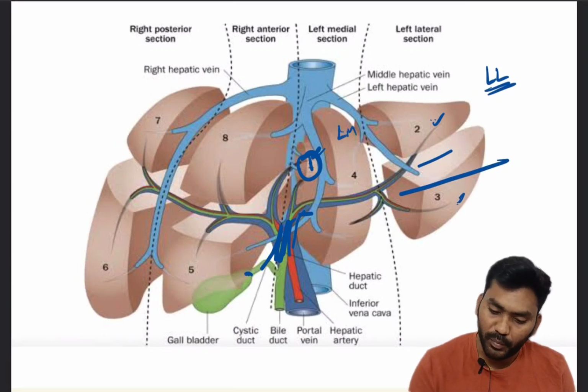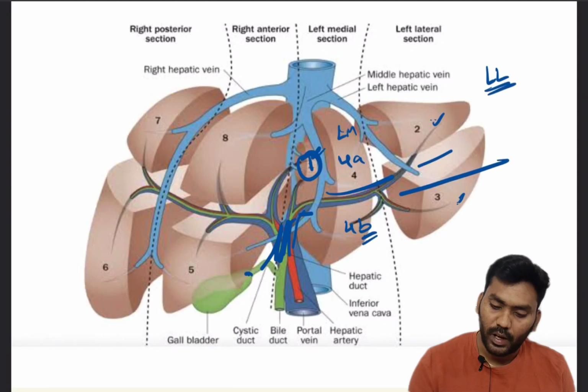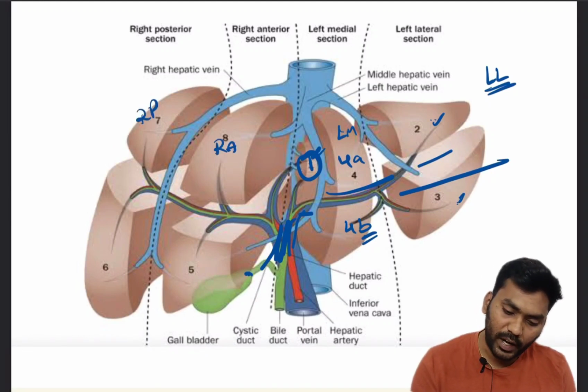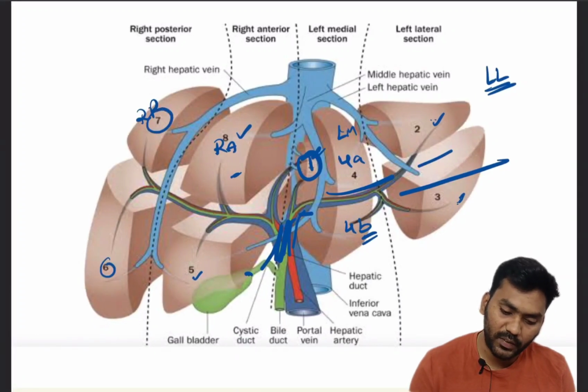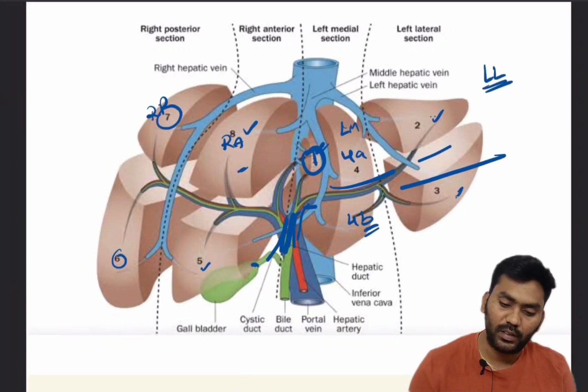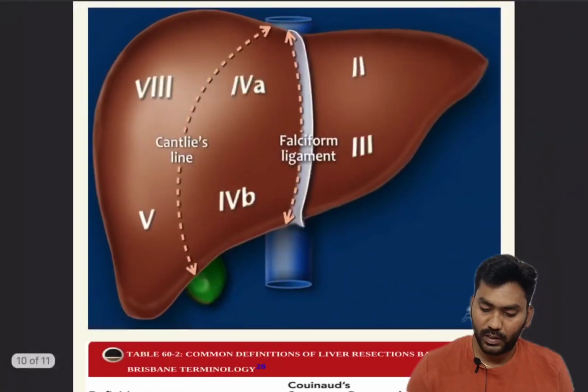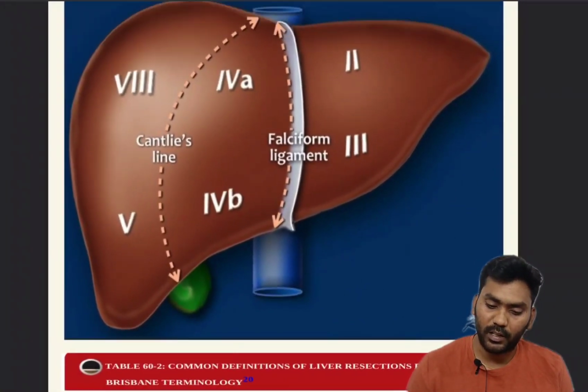The left medial part is divided into 4A and 4B, and the right half of the liver is divided into right anterior and right posterior. Right anterior contains segment 5 and segment 8. Right posterior contains segment 6 and segment 7. Please remember, this is very important and a repeatedly asked question.